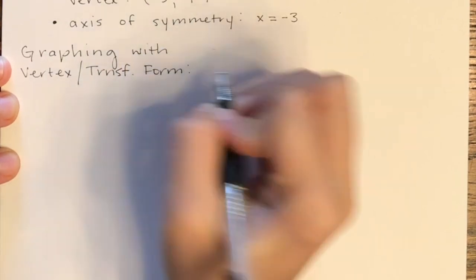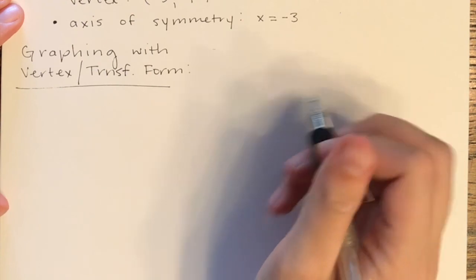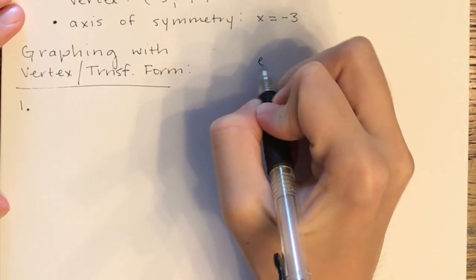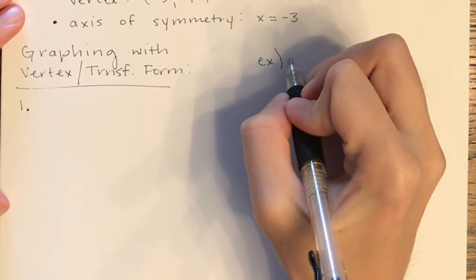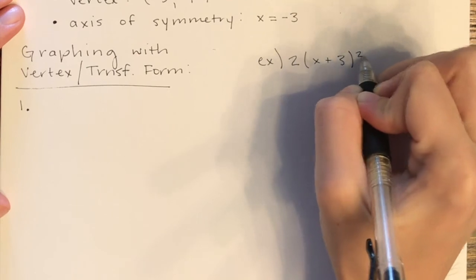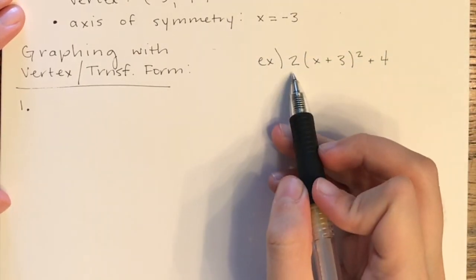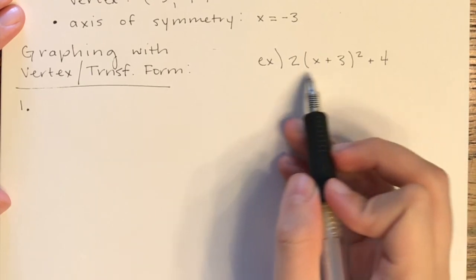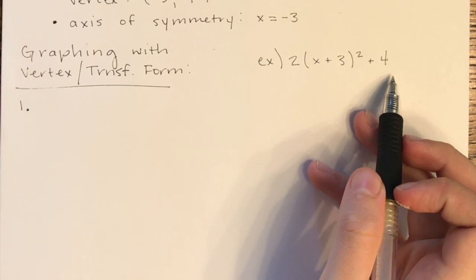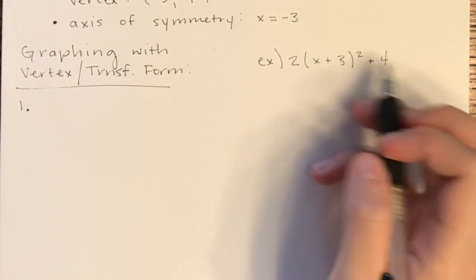I'm going to abbreviate transformation. So our steps for graphing with vertex and transformation form. Let's use this example. So again, we're looking at 2 times (x plus 3) squared plus 4. If we look at this, it's actually very easy for us to see what the transformations are from the basic function x squared to this graph, right?